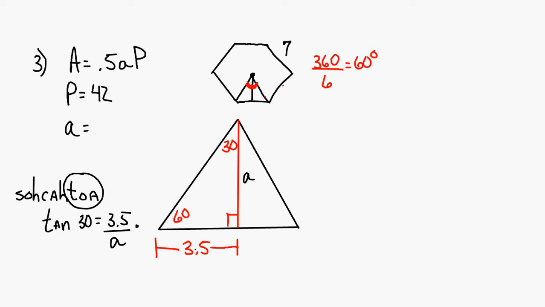If you multiply both sides by the letter A, these two letters will cancel out. You'll have to divide each side by tan 30 to get the A by itself. So 3.5 divided by tan 30 is the apothem, 6.06.